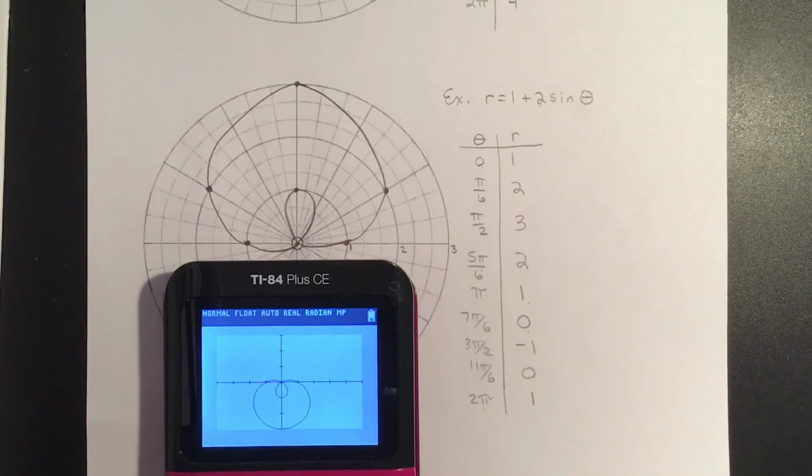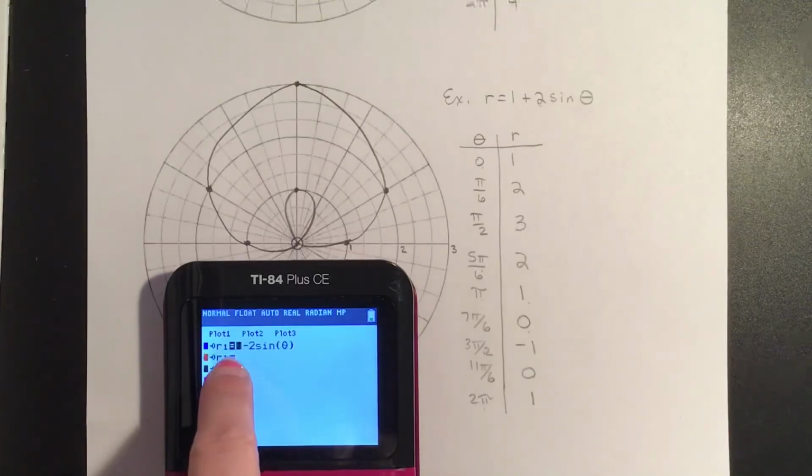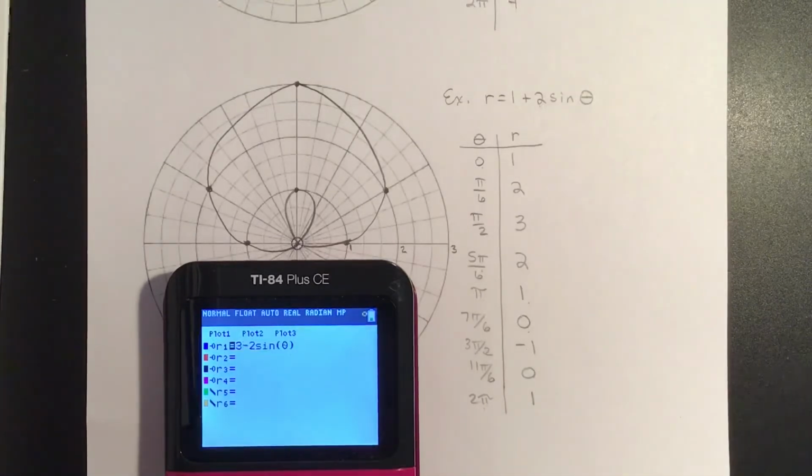I like to look at a couple others. This is a sine graph where the constant is smaller than the coefficient. Maybe I should try a constant, I'll put a 3 there, a constant bigger than a coefficient. And see, now there's still a minus there, so it's going to be flipped over the x-axis.